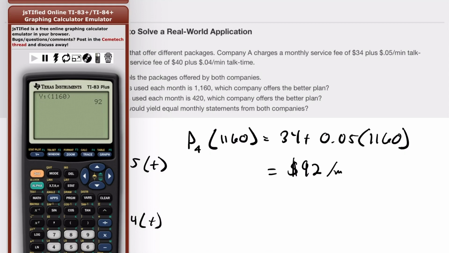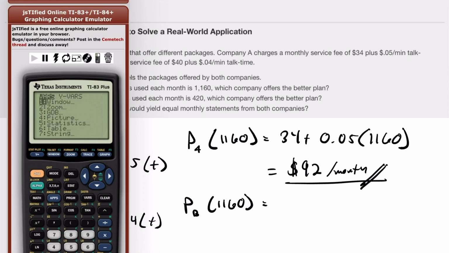I'm gonna just say per month. Okay. And then the package for company B at 1160. And I'm just gonna put the result there. So I'm gonna go to variables, Y variables, function, and I wanna call on the second function so I can pull up company B, and I wanna evaluate it when X is 1160.